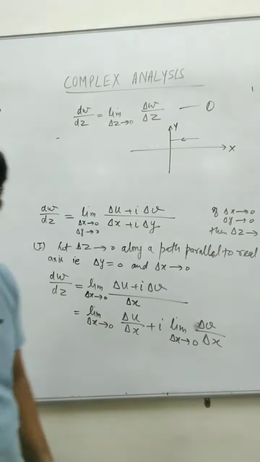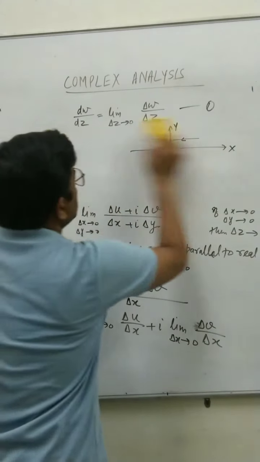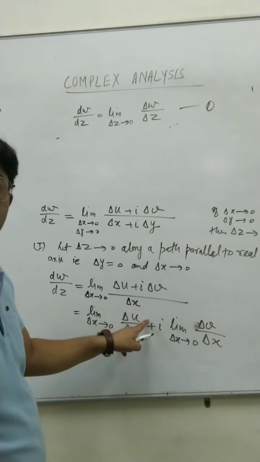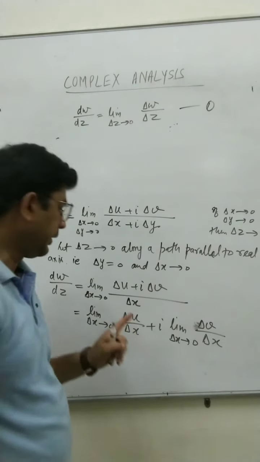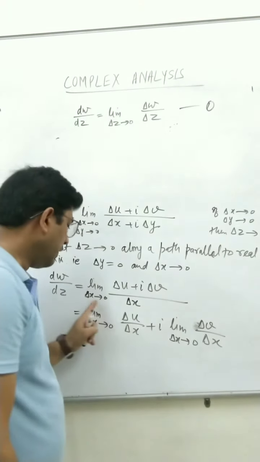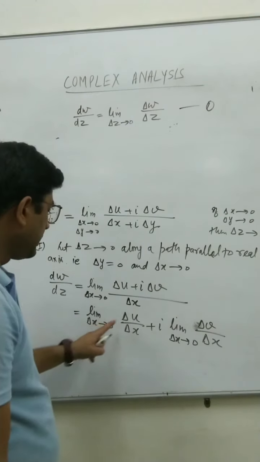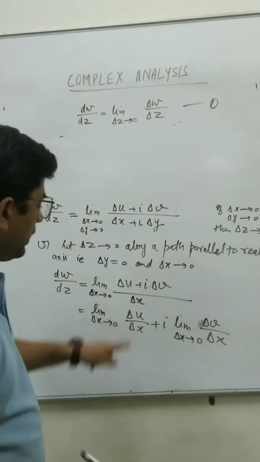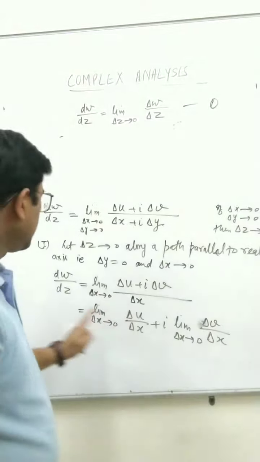We already know that u is a function of two variables x and y, and we are differentiating u with respect to x. Taking this limiting case, the whole term is equal to the partial derivative of u with respect to x.